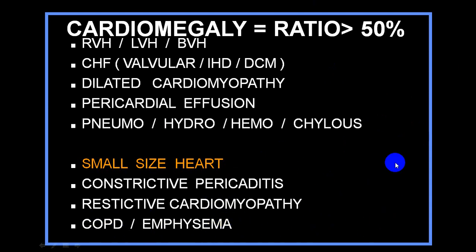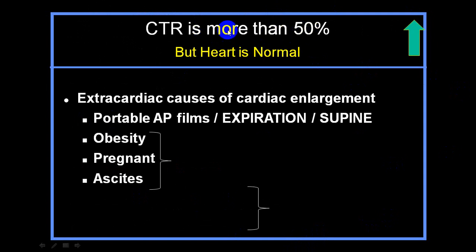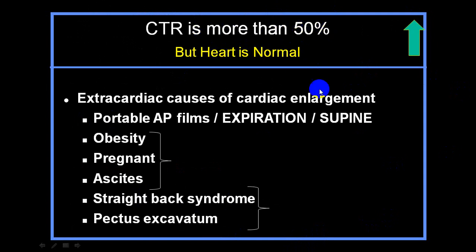So do remember this. Now this can be misinterpreted in a person with a pushed-up diaphragm, obesity, pregnancy, or massive ascites. The cardiothoracic ratio will appear more, but the heart is absolutely normal.